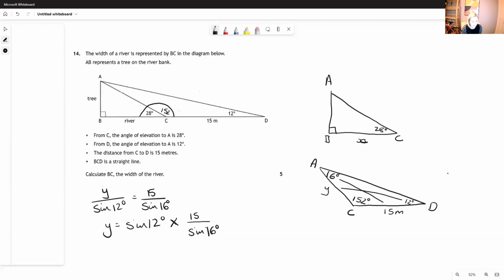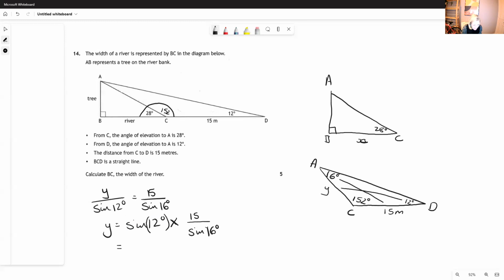And I can put that into my calculator. Now be careful when you put it into your calculator. When you press sine, a bracket automatically opens. So you're going to have to shut that bracket, or else the other part of the fraction will sneak into it. Okay, so sine 12, close bracket, times 15 over sine 16. And you should be able to type it in looking exactly like that.